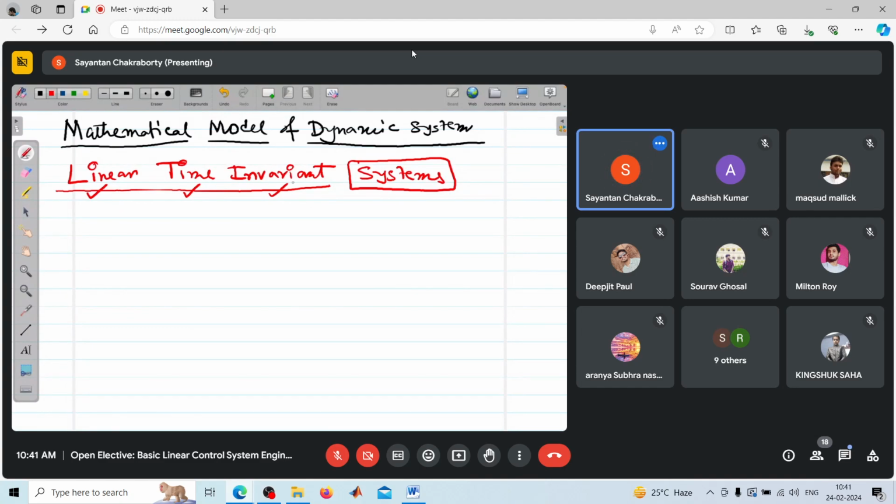But we should always keep in mind that to start with, what we intend first is to develop a qualitative idea about a system. Then, as per our requirement, we can go for quantitative analysis. And it is seen that to obtain a qualitative idea about a system's behavior, a linear time invariant representation is enough.